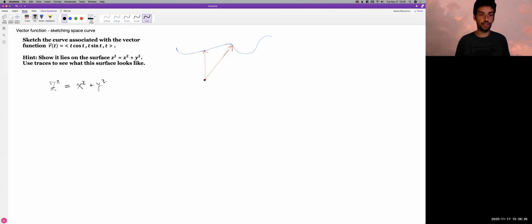So we want to first show that it lies on this surface. In other words, that the vectors are all pointing to points on the surface, or in the language of the space curve, that the curve associated to it would lie on this surface. So it would all be points on the surface. And then use that picture to help us understand what this thing looks like.